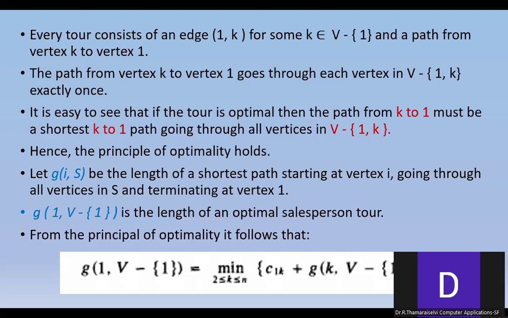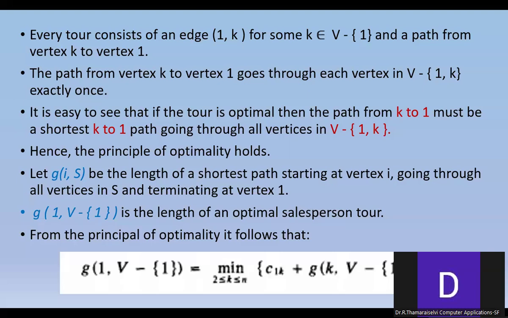Then there is the path from vertex k to vertex 1. Consider there are 4 cities: 1 to 2, 2 to 3, 3 to 4, then 4 to 1. The path from vertex k to vertex 1 goes through each vertex in V minus {1, k} exactly once.